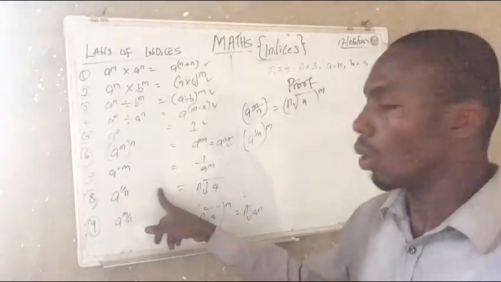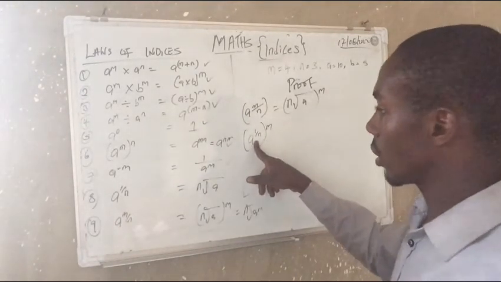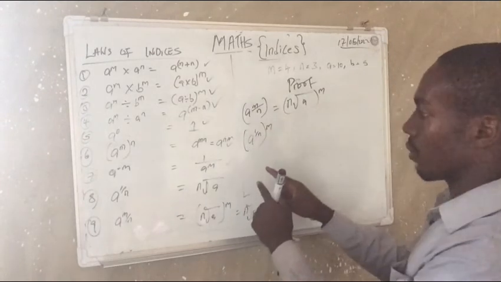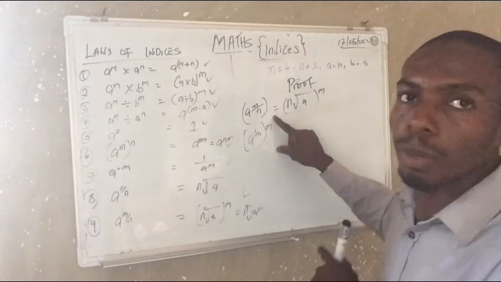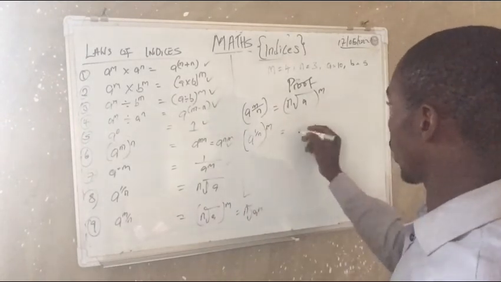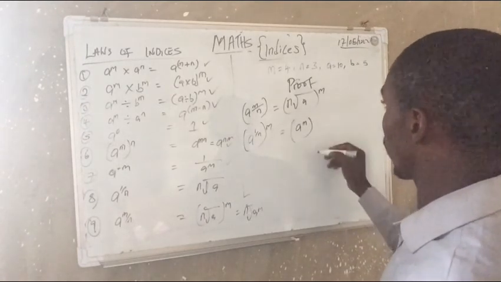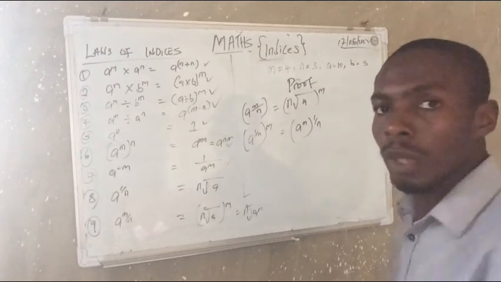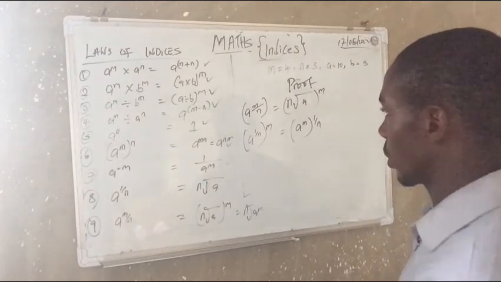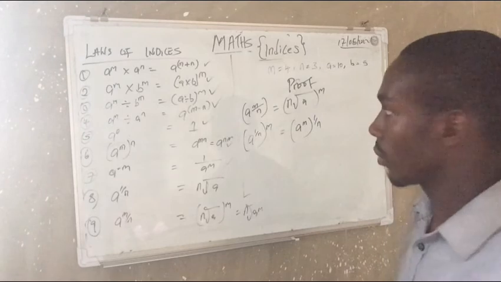And from the 8th law, having done this, you can just do this the first time and raise it to the power m, or you can also do it this way: a raised to the power m, then 1 over n. Whichever way it is done, it will still give you the same answer.